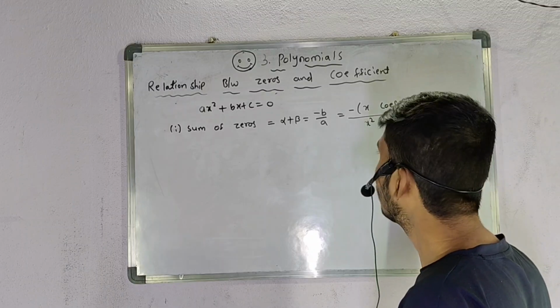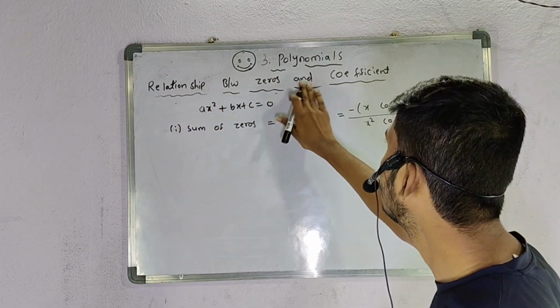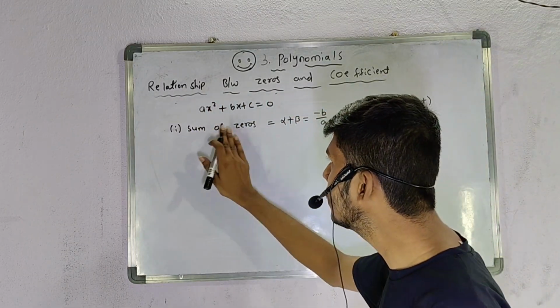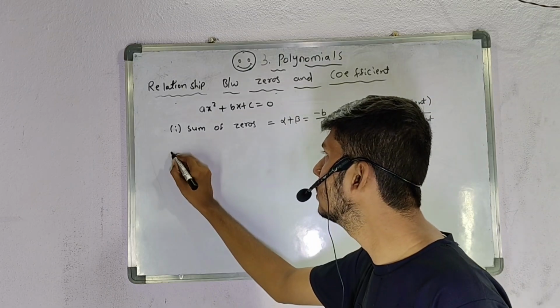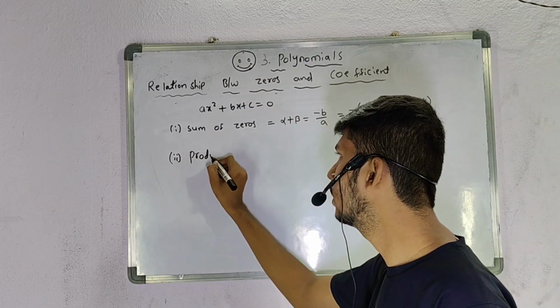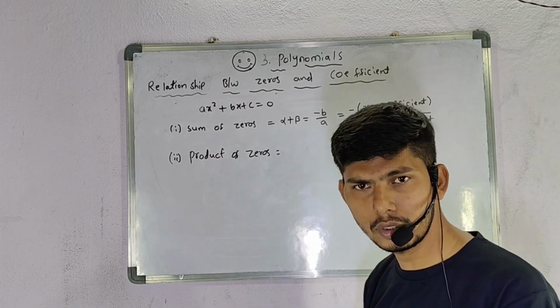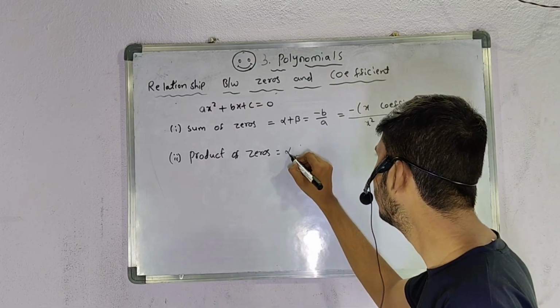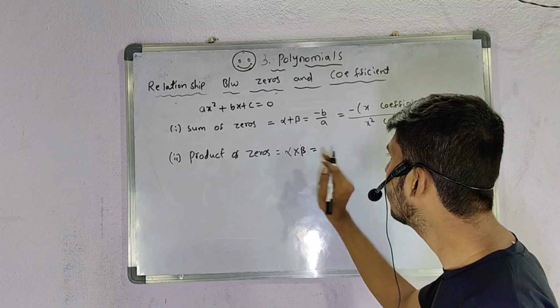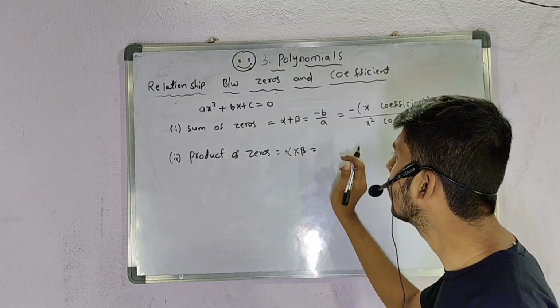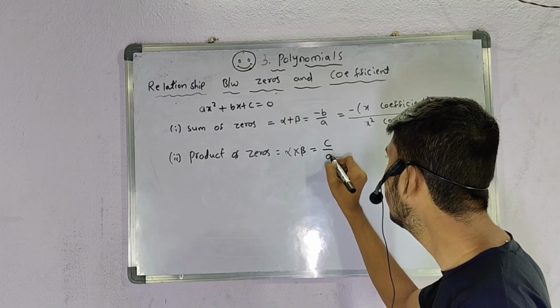These are the formulas of relationship between zeros and coefficient. First one is sum of zeros. Next one is product of zeros. What is product of zeros? Alpha into beta. The formula of alpha into beta is c by a.